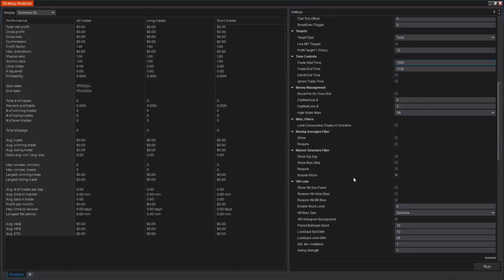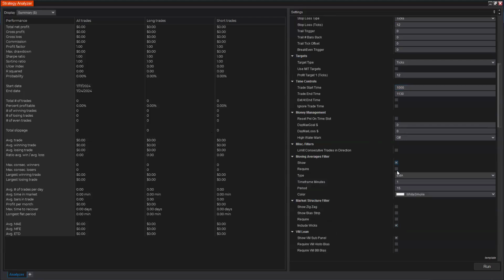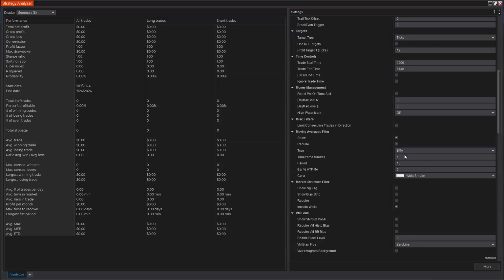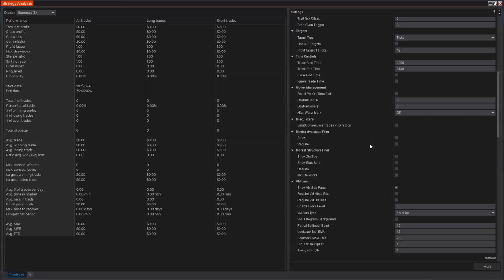If it happens to work on other times, great, but I don't want those times to impact how I'm trading it, if that makes sense. The time frame, you do have to go minutes. You only get one EMA. So I'm actually just gonna leave this off because we're trading based on VWAP anyway.